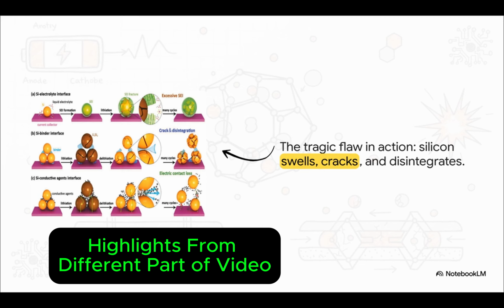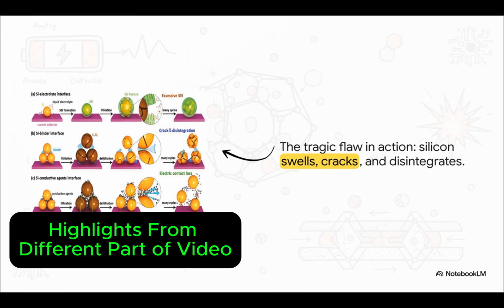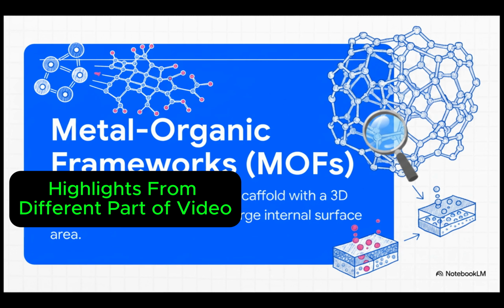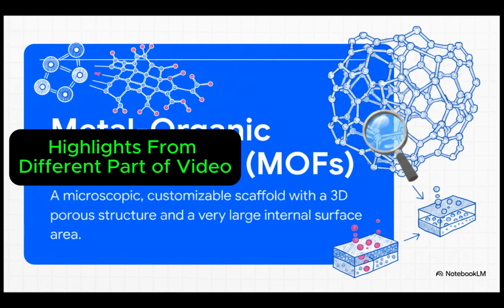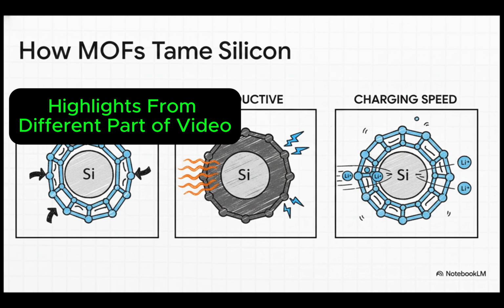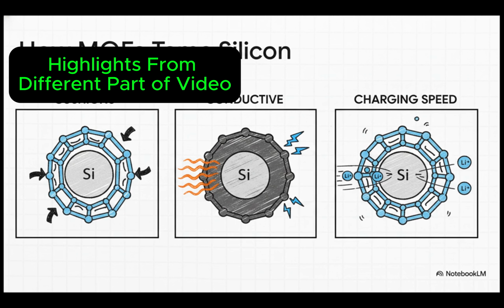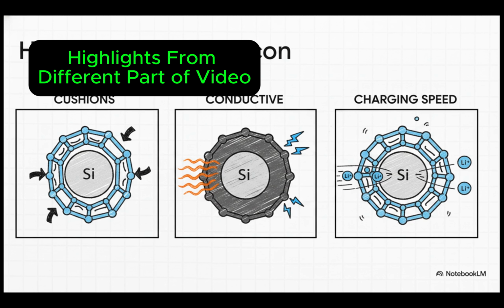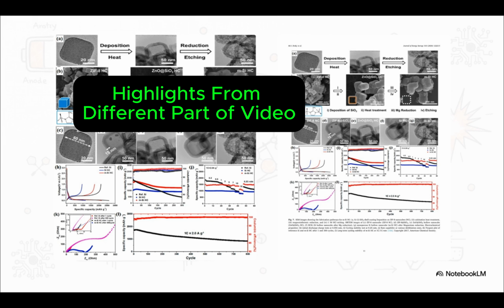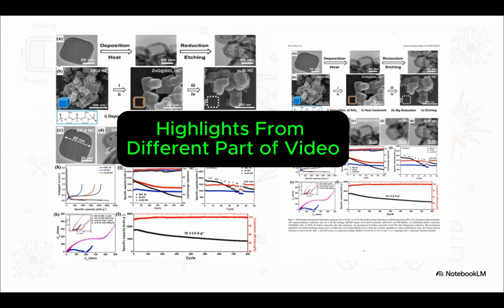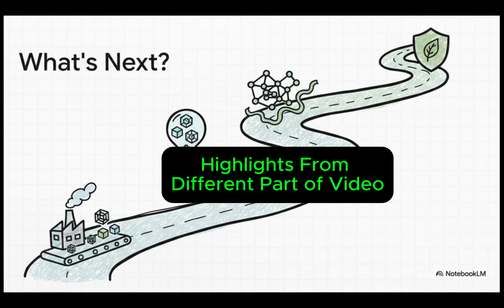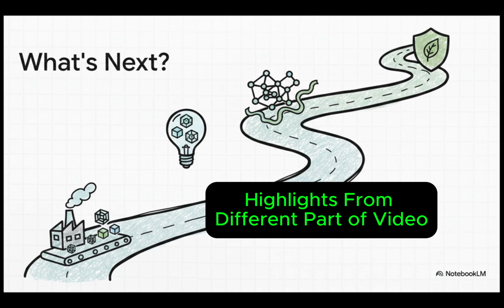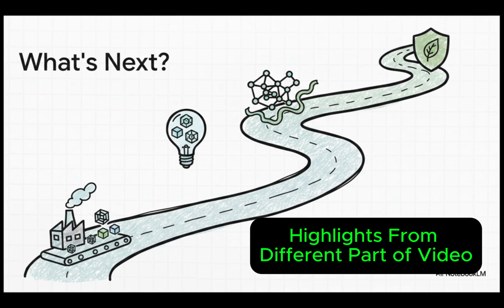So in step A, you see a protective layer forming on a silicon part, maybe a microscopic sponge. There are these 3D porous structures made of metal ions linked. It gives the silicon particles the space they need to expand and shrink without breaking everything. Second, scientists use the MOF as a mold, like a sacrificial template, to get them out of the lab and into the products we all use. Future work is also going to focus.